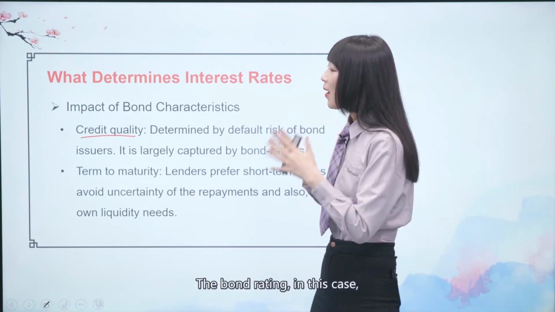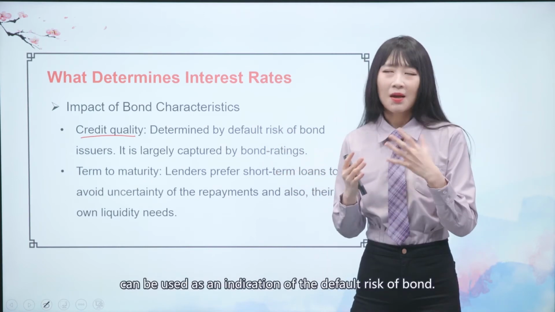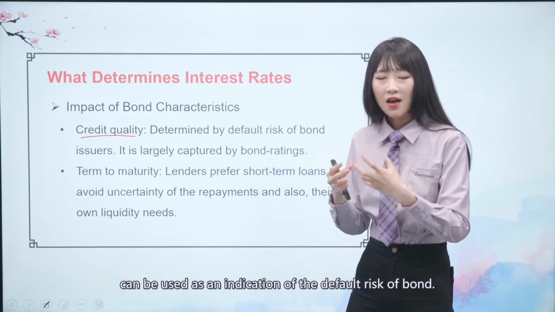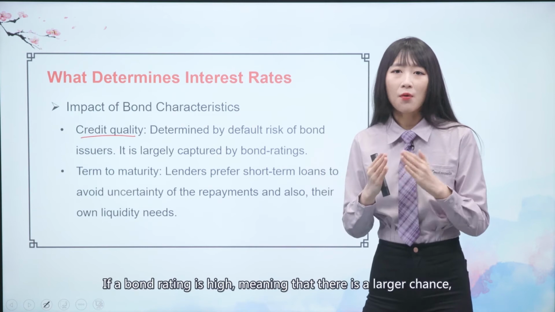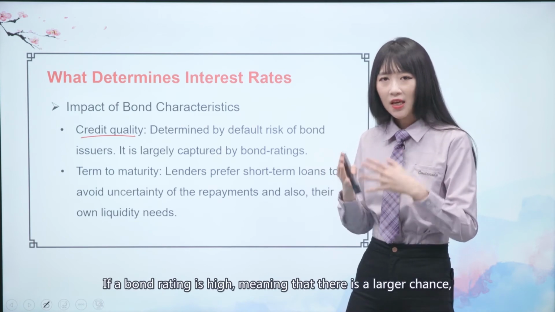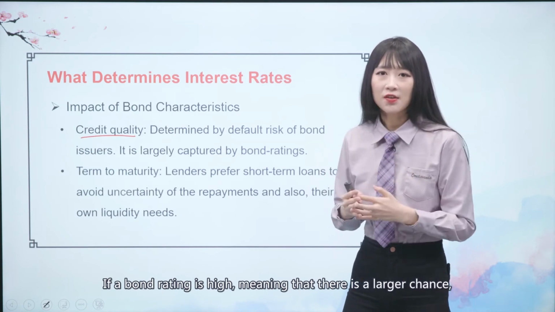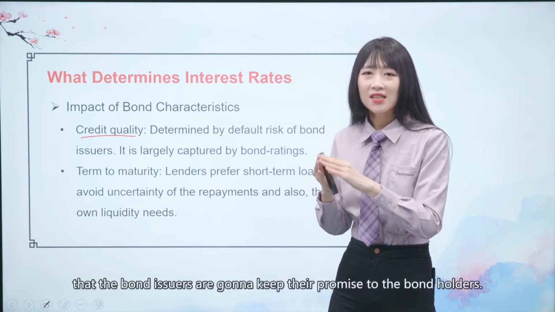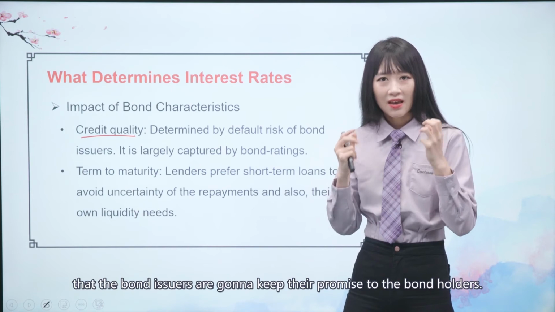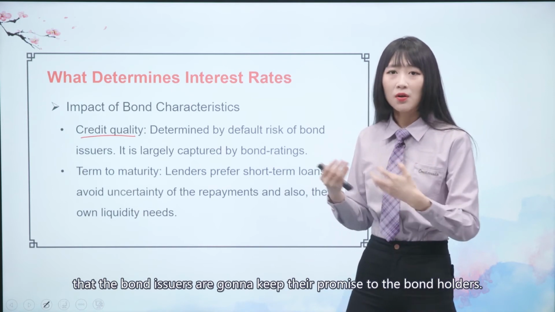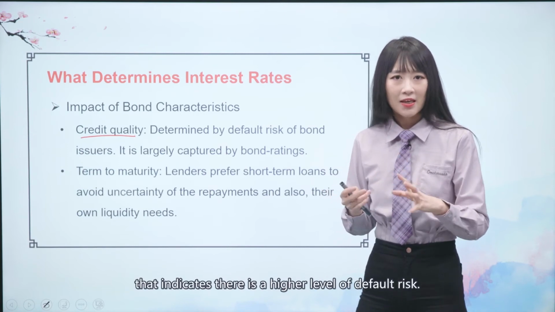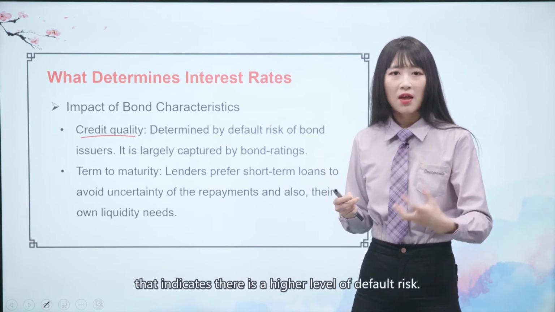The bond rating in this case can be used as an indication of the default risk of the bond. If the bond rating is high, meaning there is a larger chance, approaching certainty, that the bond issuer is going to keep their promise to the bondholders. Now, if the bond rating is low, that indicates there is a higher level of default risk.